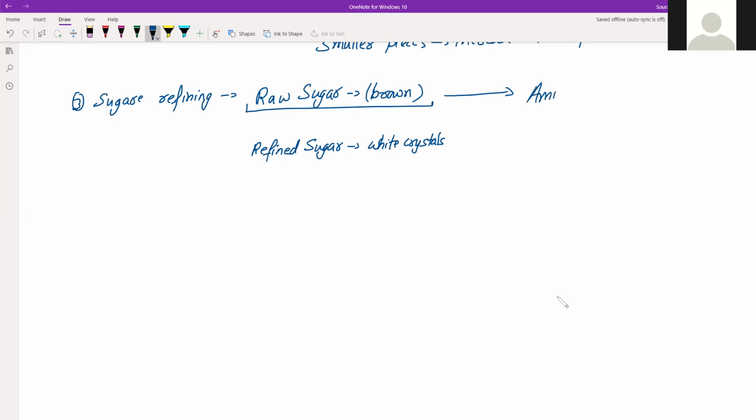So again, finely divided animal charcoal absorbs the impurities, or those brown colored nutrients, from the raw sugar, and then we get these white crystals, pure sugar, which has only sugar but no nutrients, right? So that is how the sugar is refined.